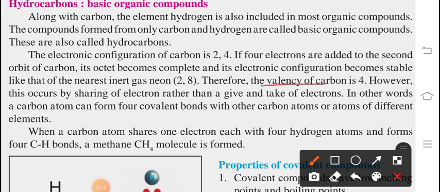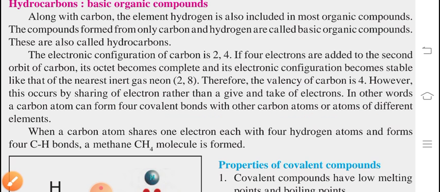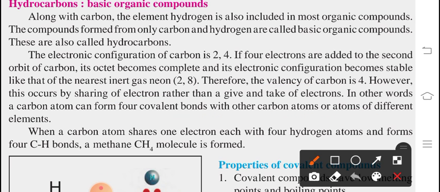Therefore, the valency of carbon is 4. However, this occurs by sharing of electrons rather than give and take of electrons. In other words, a carbon atom can form 4 covalent bonds with other carbon atoms or atoms of different elements. Obviously, carbon has valency 4.